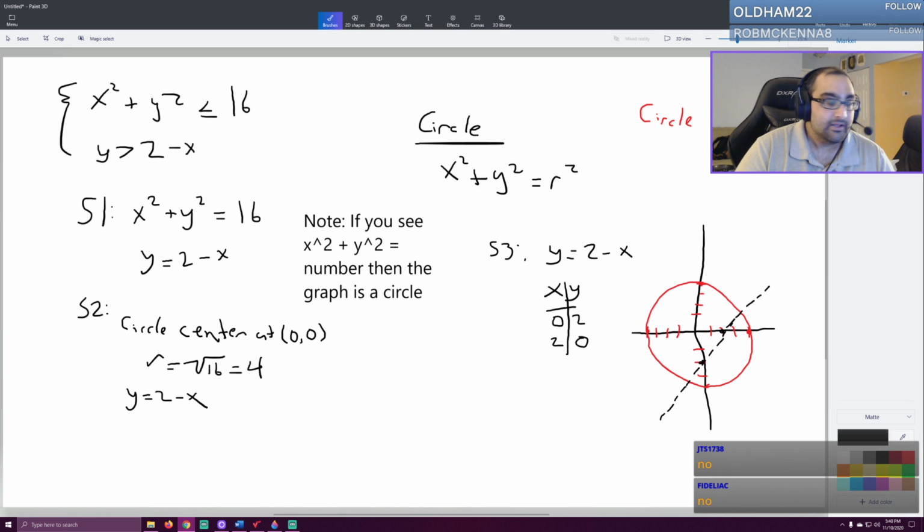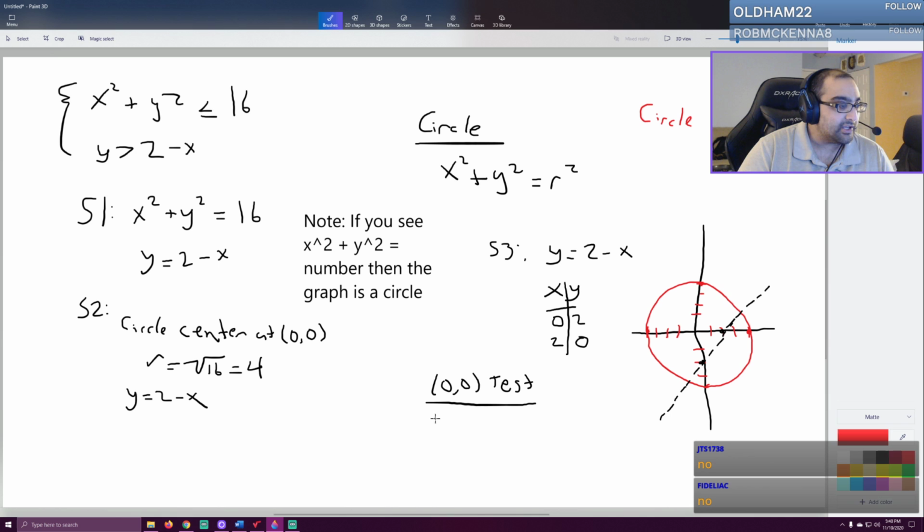Now, let's take a good look at what we're going to be doing next. So next, let's do the 0, 0 test one more time. So the 0, 0 test here, again, we'll do it with the circle first. Again, not too hard. You just have to plug in 0 and 0.